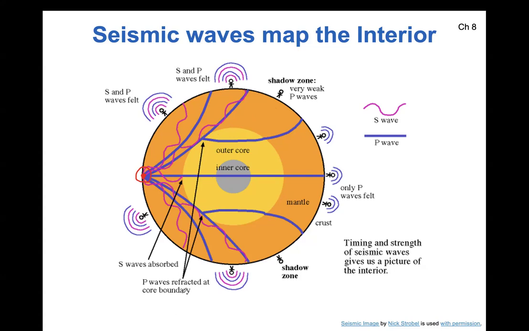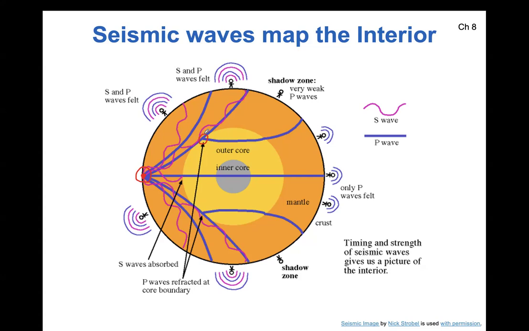Well, a refraction at the boundary implies a change in the composition. Now, it could just be a change in the density and not a change in the state. In other words, not a change from solid to liquid or vice versa. But it does imply some change. And so I'm referring to this right here, this bending.